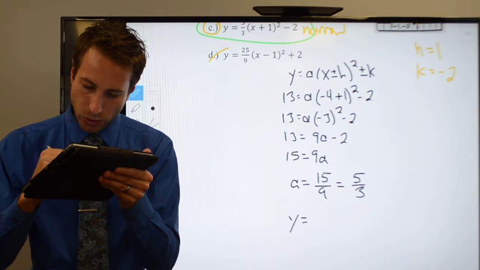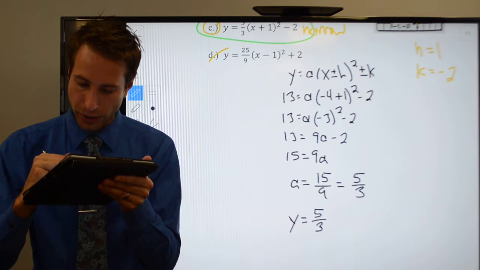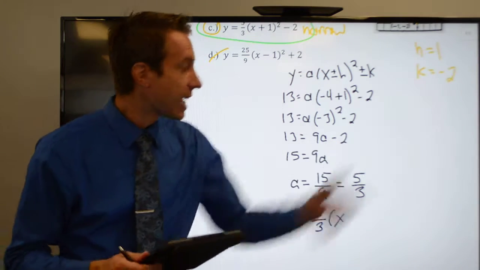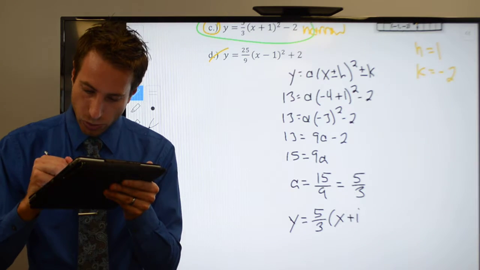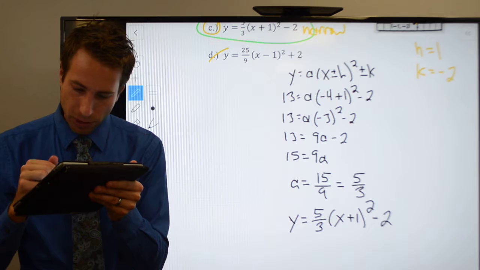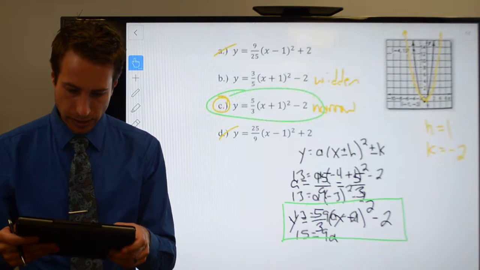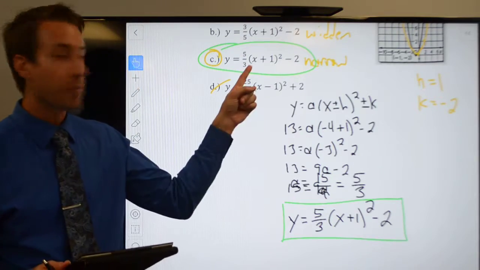So y equals 5/3, because that's my a value, times (x plus 1) squared, because my h is a positive 1. My k is a minus 2. I'm looking for that equation, which is, look at that, it's the one we picked.